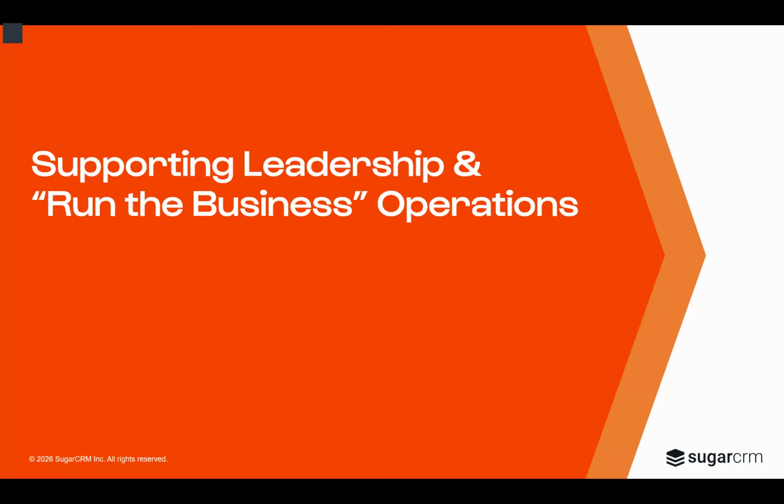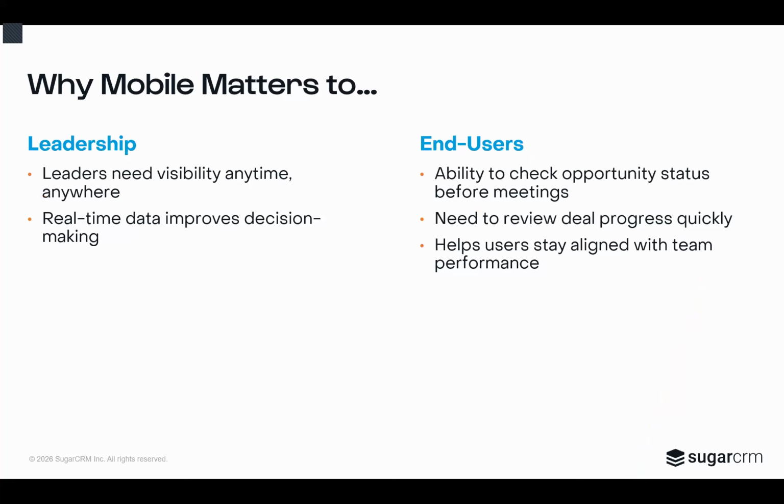Okay, so what does this mean to leadership? Say you're a manager, you're not a frontline road warrior out there doing calls to customers. What does running the business operations look like within the system? For leadership, leaders need visibility anytime, anywhere. And yes, they can use mobile to do that, right?